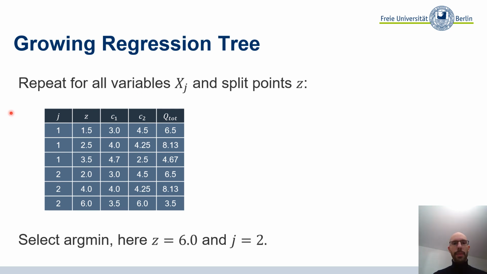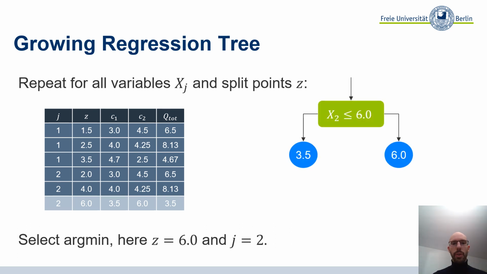And now that we have this table, we can simply select the variable xj and the split point c for which the loss Q total is smallest. And in this case, that's x2 and the split value 6.0. And for Q total, we end up with a loss of 3.5.